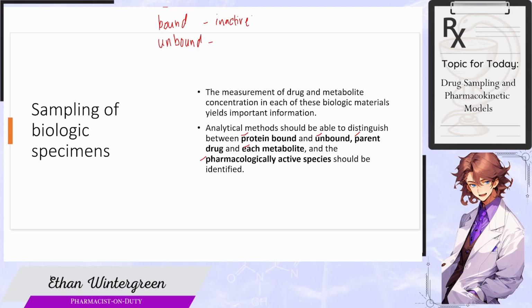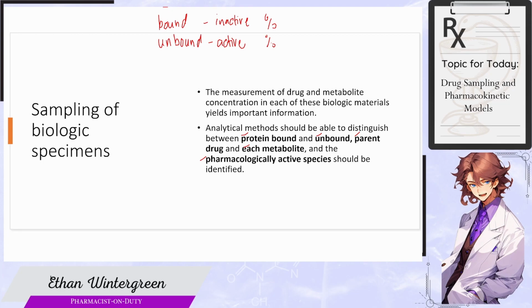They may yield a certain concentration when sampled, but these are actually inactive. They do not contribute to the pharmacologic activity of the drug inside the body, particularly because they are bound to plasma proteins. When these are unbound or are free, these are the active species. So we need to know how many percent is bound and unbound, since only the unbound percentage actually contributes to the pharmacologic action of the drug.